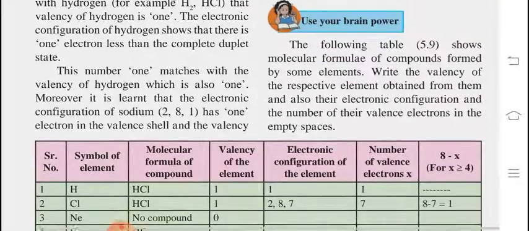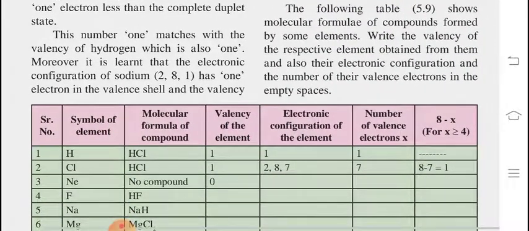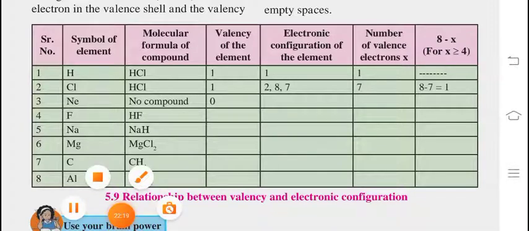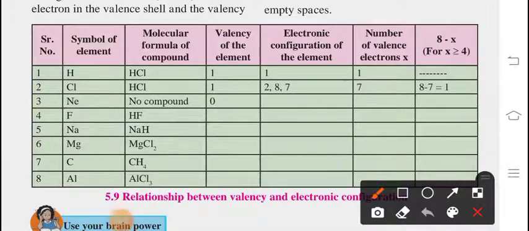We can clear this concept with this table. This table gives us the idea of the molecular formulae of compounds formed by the elements. We can write their valency and electronic configuration also. Here you can observe the element, the molecular formula of a compound, the valency, the electronic configuration of that element, the number of valence electrons, and this one we can write as 8 minus the number of valence electrons, whatever you get.